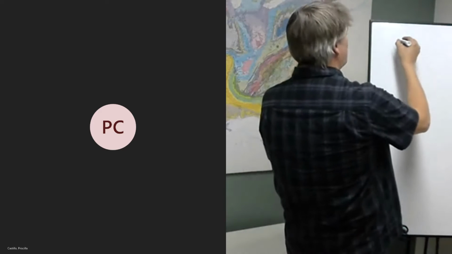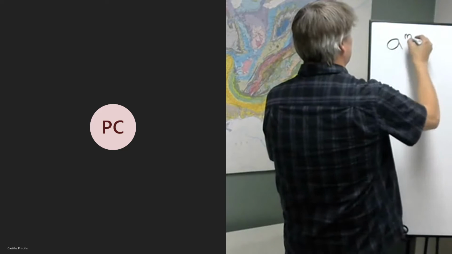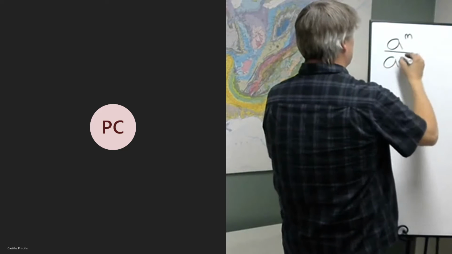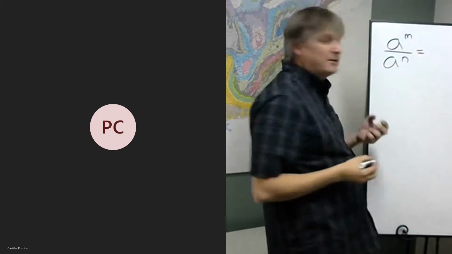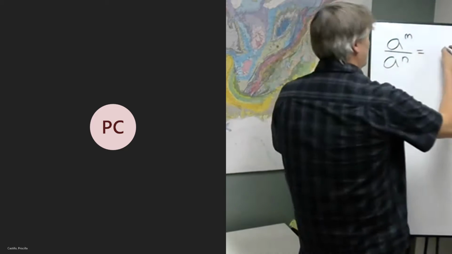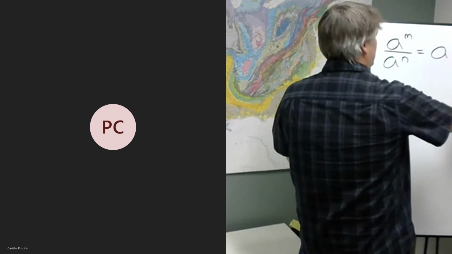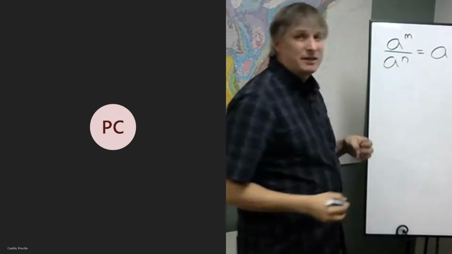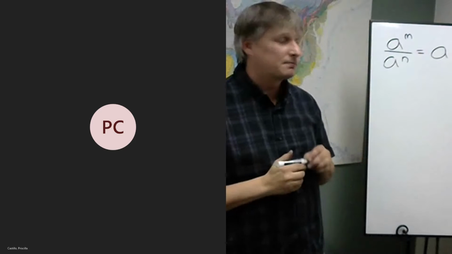Now, one of the things we want to keep in mind is our quotient rule. If a to the m over a to the n, we have the same base, is a to the m minus n. We're going to subtract the powers.